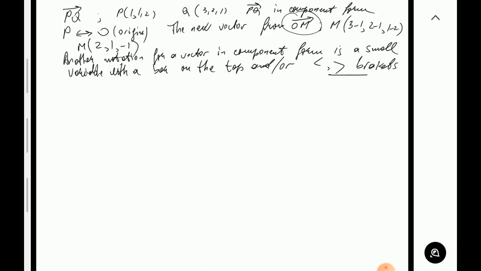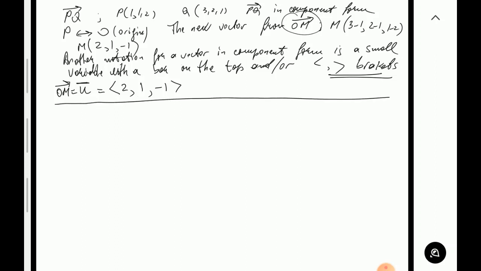These are the notations we're going to use most often, right? So this vector in component form from O to M, let's say we can denote it by little u. That's another notation for a vector in component form. So our vector from the origin to the new point M can be denoted by another letter with a bar on the top and the brackets, which specify the coordinates of the terminal point, which are 2, 1, and -1.